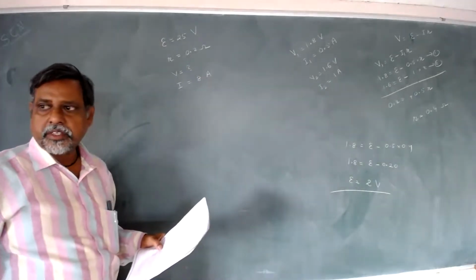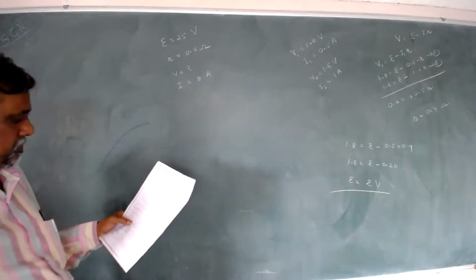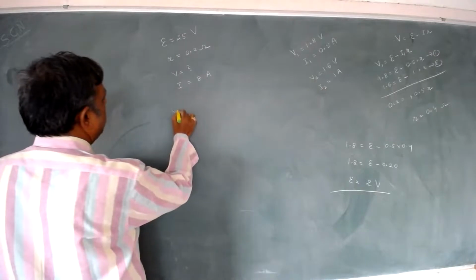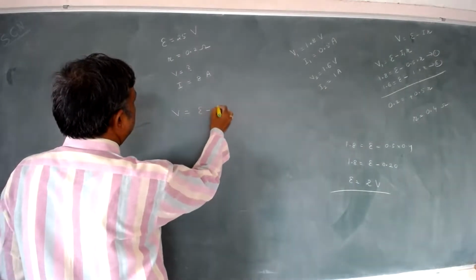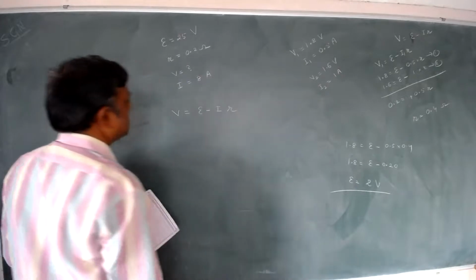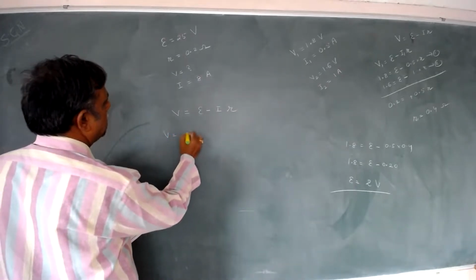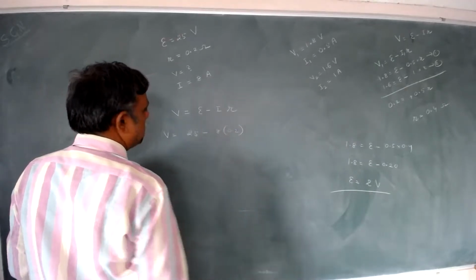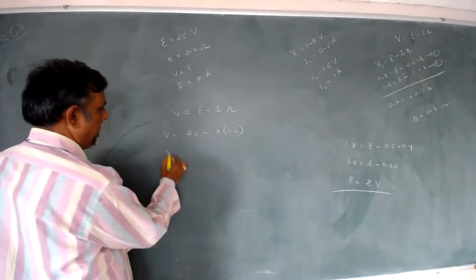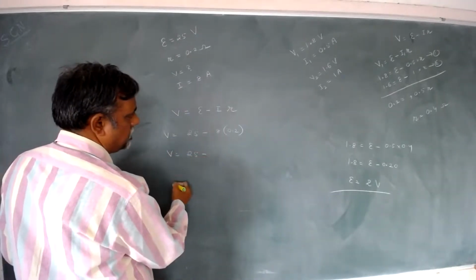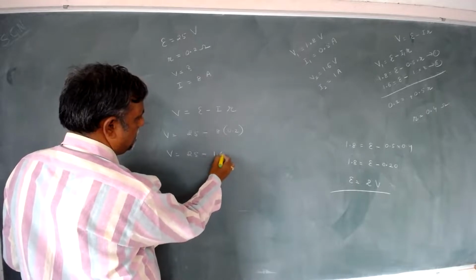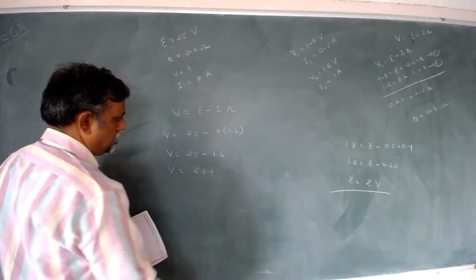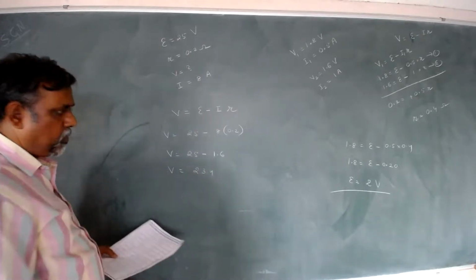Okay, so V is equal to, how much is it? So V is equal to 23.4 volts.